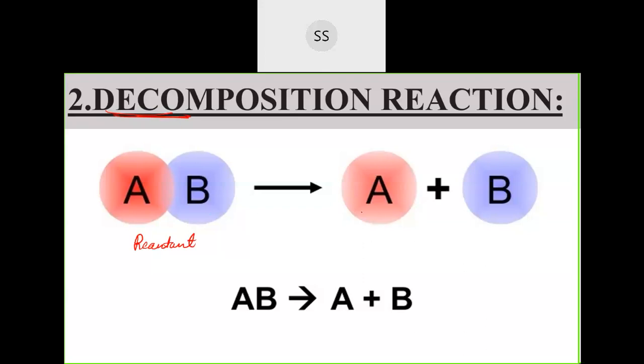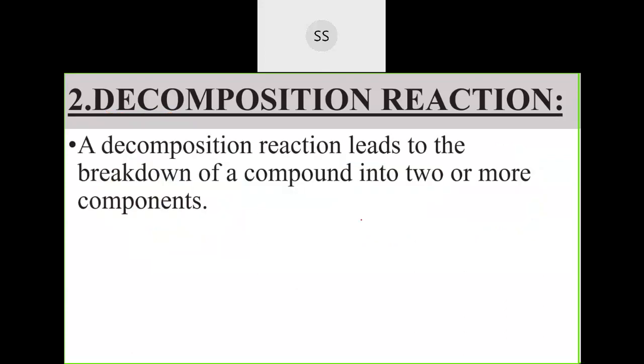If it breaks down to give you A and B separately, they give rise to two or more products. One big compound has broken down into two or more smaller components, then we call it a decomposition reaction.